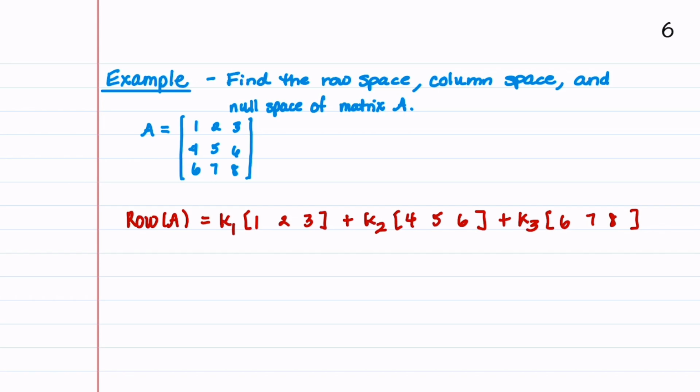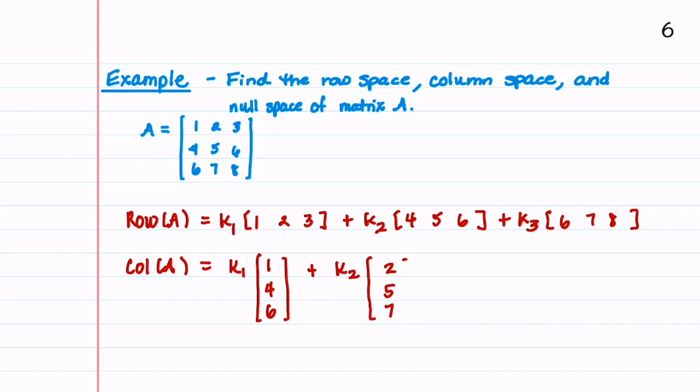Our column space of A is all linear combinations of the columns of A. That looks like this. The column space of A is going to be K1 times the first column of A plus K2 times the second column of A plus K3 times our third column of A. Notice that both the row space and the column space contain an infinite number of vectors.